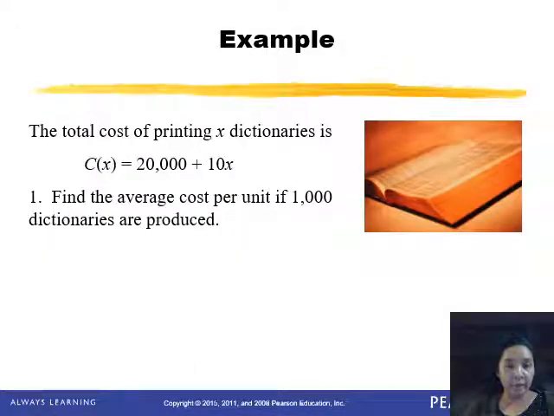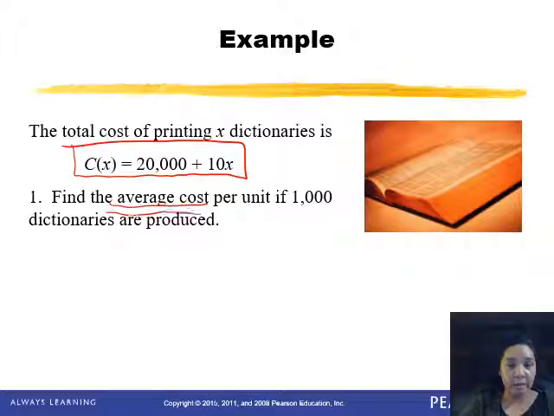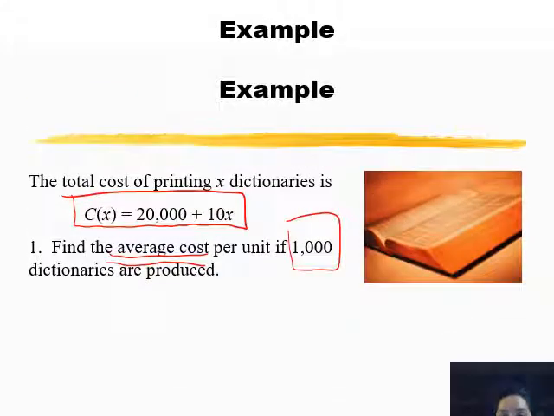So let's take a look at the total cost of printing x amount of dictionaries. So here's our cost function, 20,000 plus 10x. And we're going to find the average cost per unit if 1,000 dictionaries are produced.